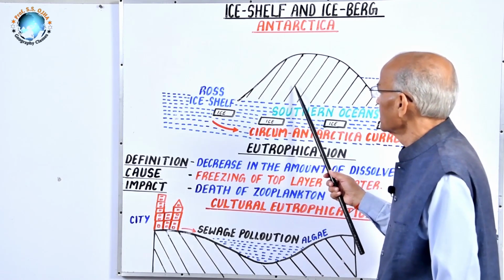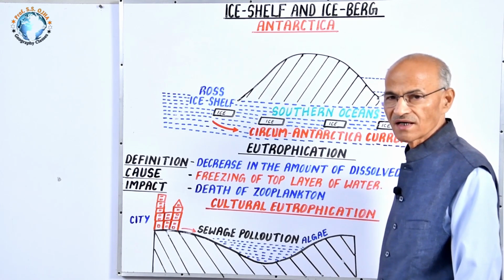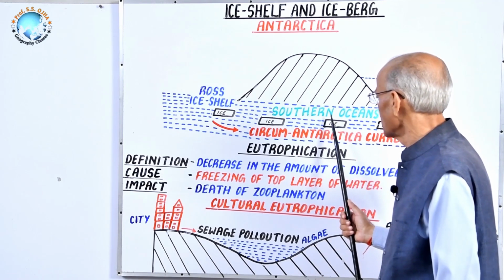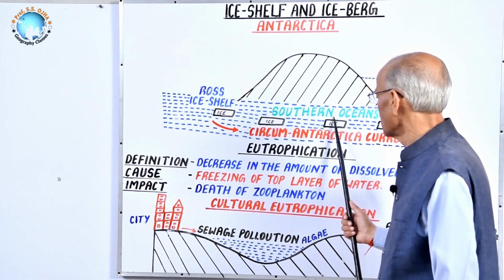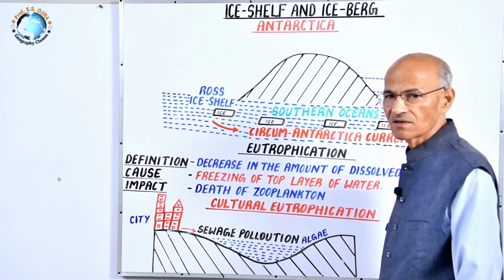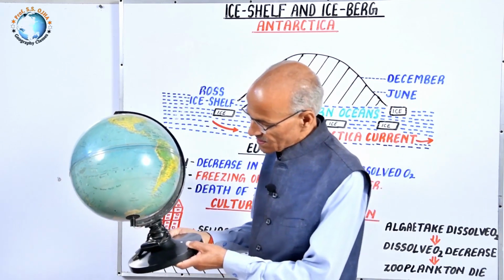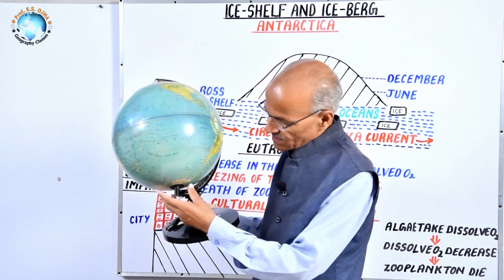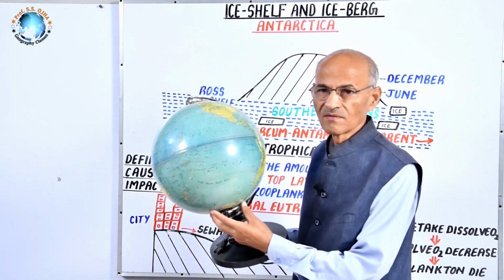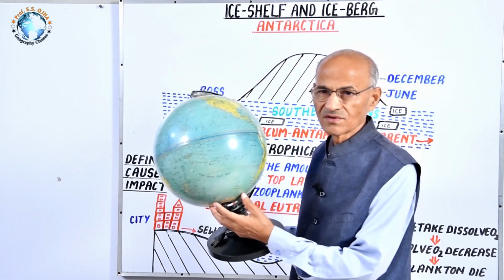So, after studying Antarctica, you should be aware of one more technical term that is written here, Southern Oceans. Southern means southern. Oceans is plural, it is not ocean. Sometimes in an atlas it is written that the water body surrounding Antarctica is called the Antarctica Ocean, but it is the Antarctica continent, not Antarctica Ocean.